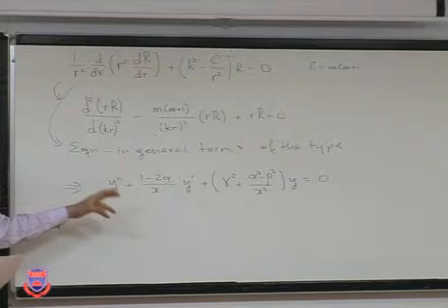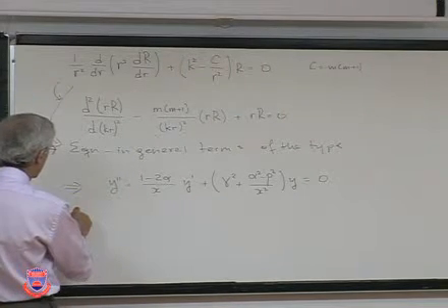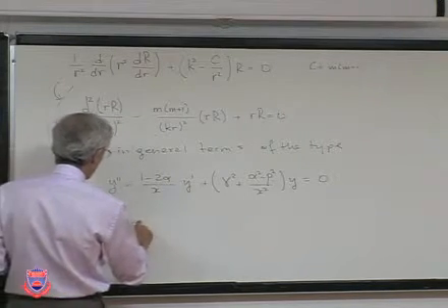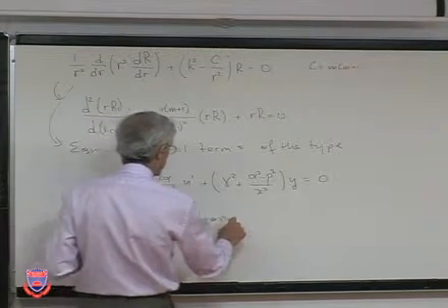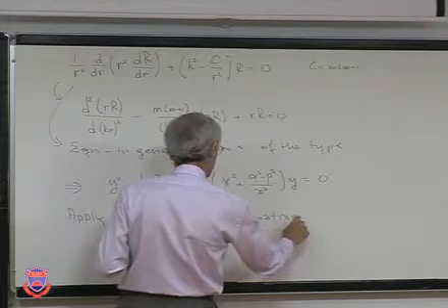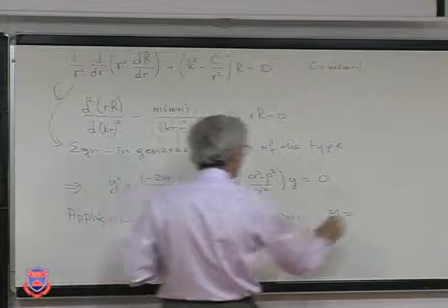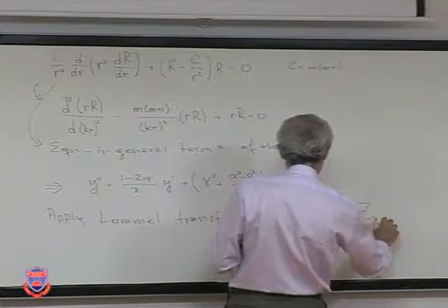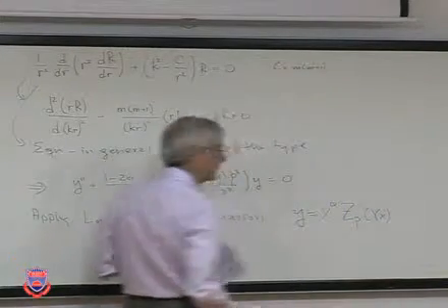This general equation is at the root of Bessel functions. So we apply what's called a Lommel transformation. Instead of y, we write x alpha z sub p gamma x.